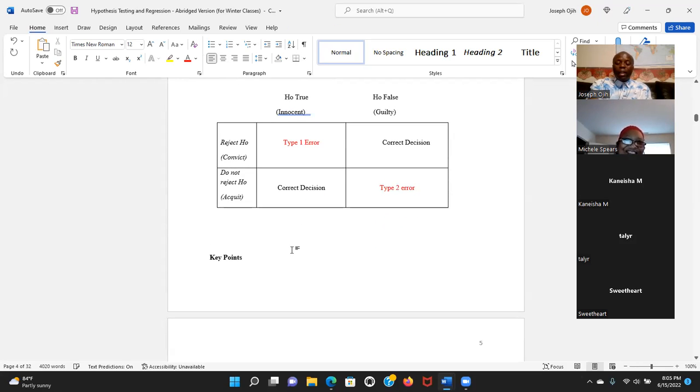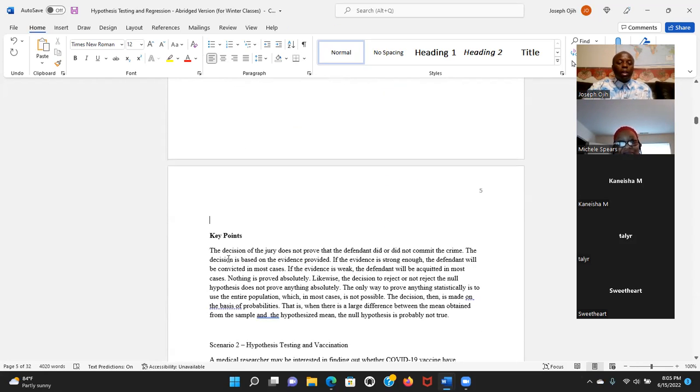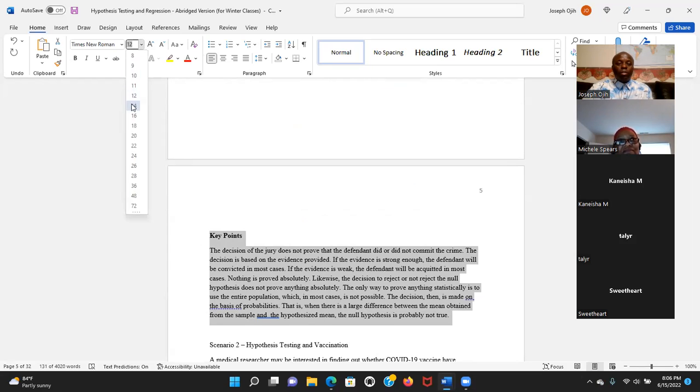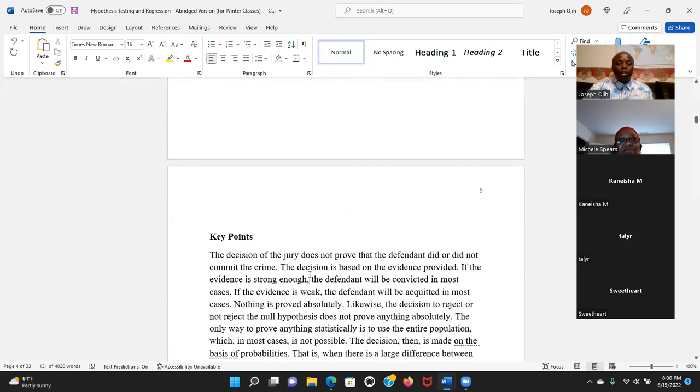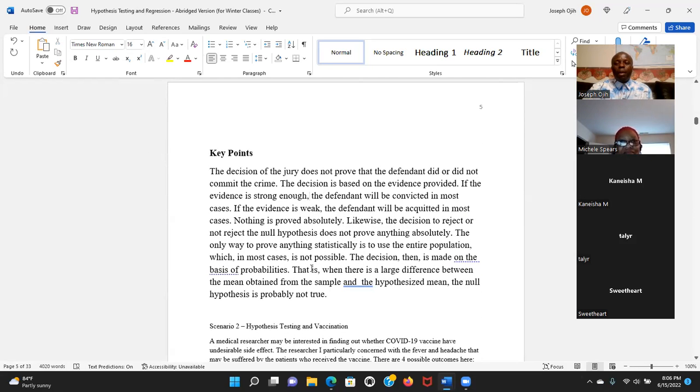Now, note that the decision of the jury is based on the evidence that they have. It might be right or wrong, but it's all based on the evidence. So even though the defendant might be guilty, if there's not enough evidence to convict him or her, they will let them go. You see it on the news. Sometimes people are innocent, but there is so much evidence pointing to them, maybe witness testimony, and they still send them to jail.